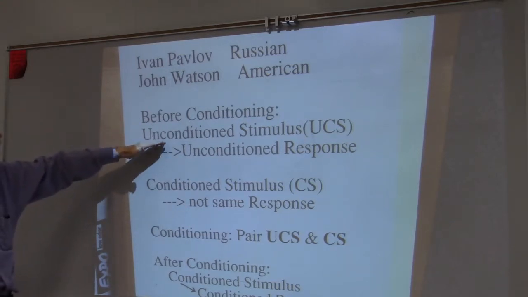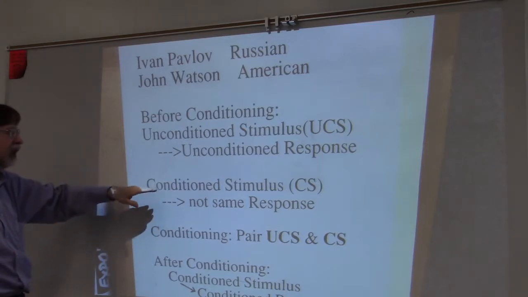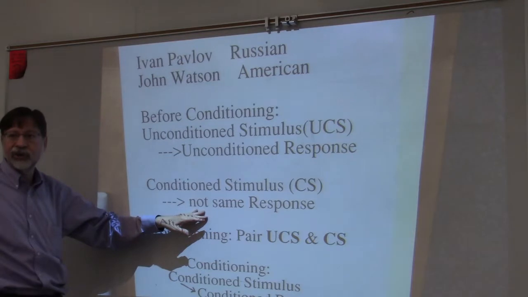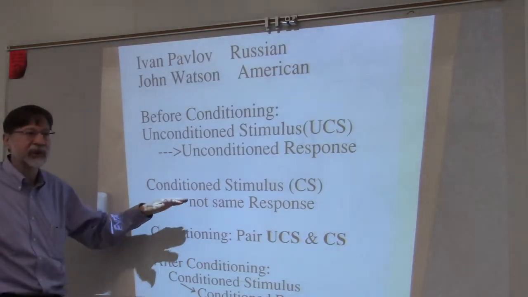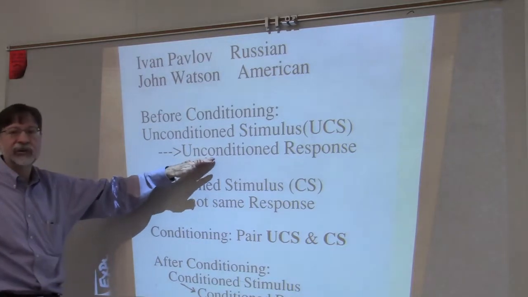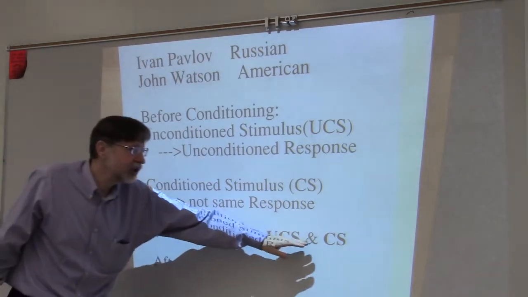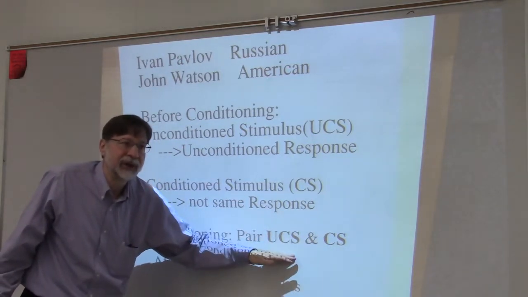Before conditioning, the unconditioned stimulus produces an unconditioned response, and the conditioned stimulus does not produce the same response. It may produce an orienting response or some other response, but not the same kind of response. What is the conditioning? You pair the unconditioned stimulus and the conditioned stimulus, the food and the bell.